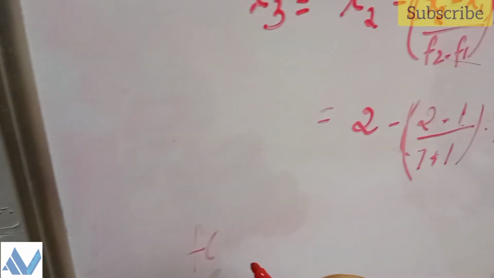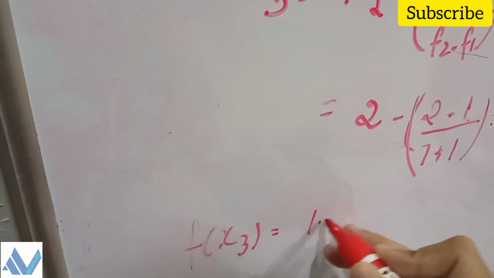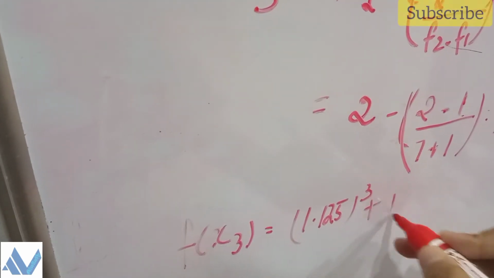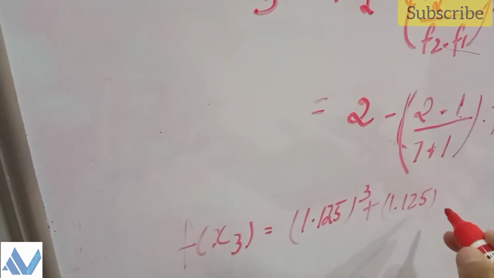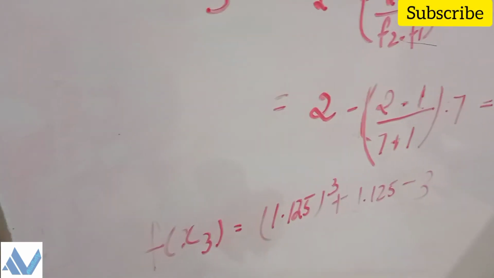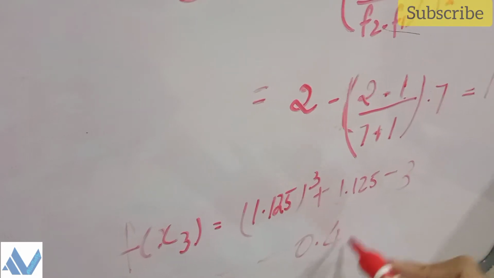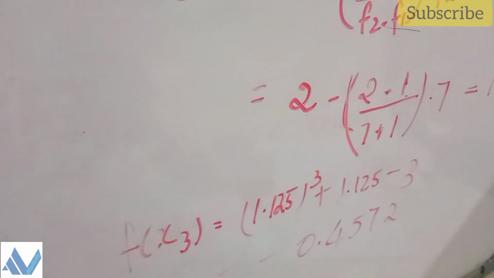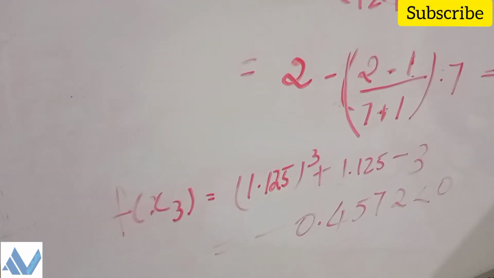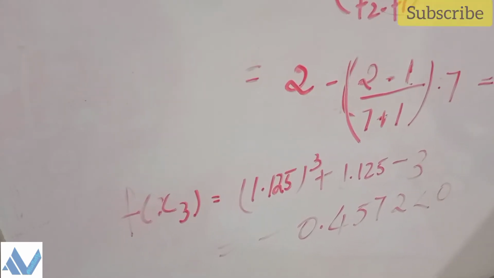We have got the value as 1.125, and now we substitute it in the equation. f of x3 is equal to 1.125 the whole cube plus 1.125 minus 3. So after calculating, we get minus 0.4572, which is less than 0. Now we got f of x3 is less than 0.